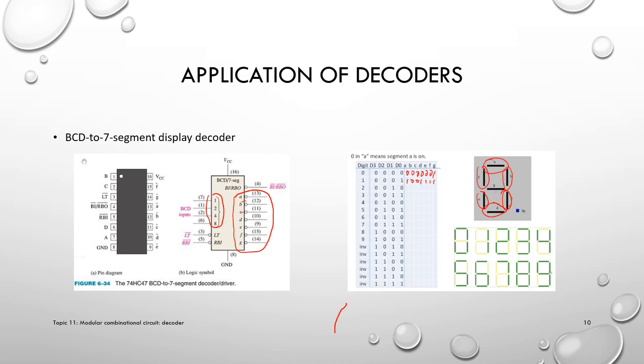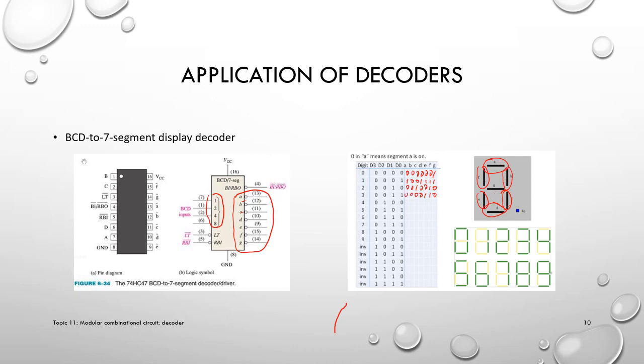Next, to display 2, only C and F are off. So F is off, C is off, all others should be on. For number 3, only E and F are off. The others will be on.